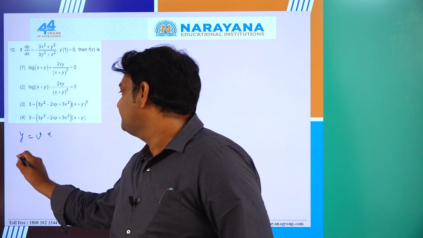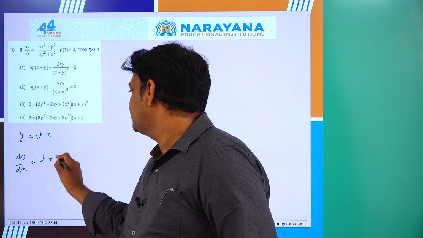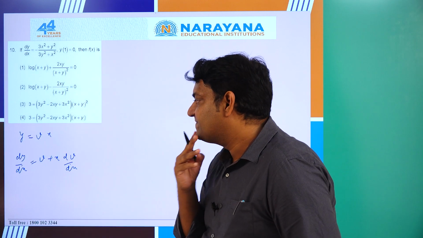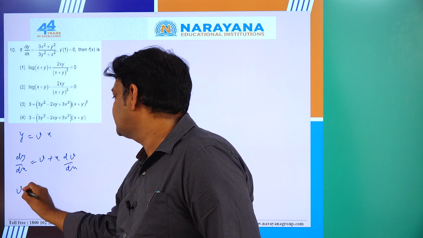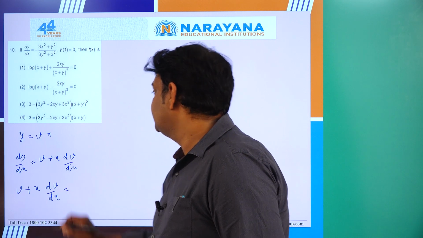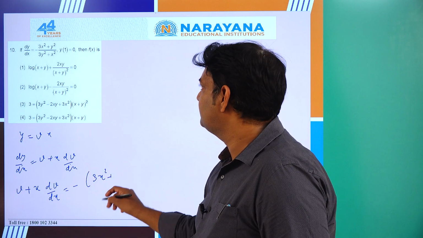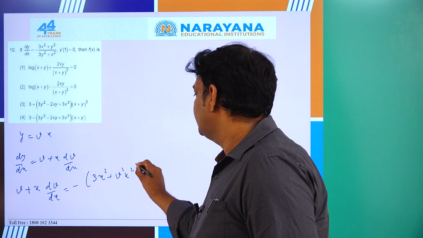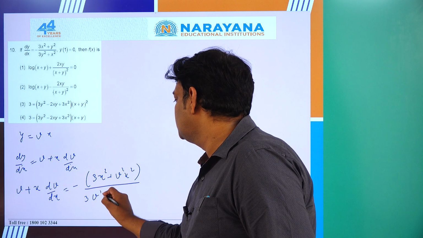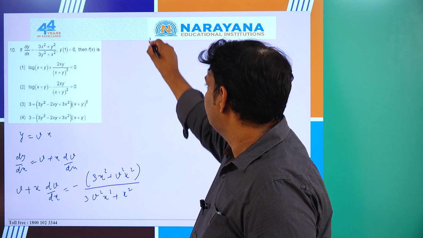So what is dy by dx? V plus x dv by dx. Do the substitution. Dy by dx, v plus x dv by dx is equal to minus of 3x square plus y, which is Vx, so v square x square, by 3 into y, which is Vx. So v square x square plus... x square common and cancel.